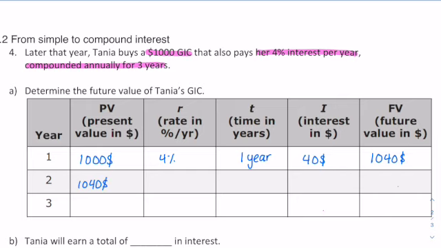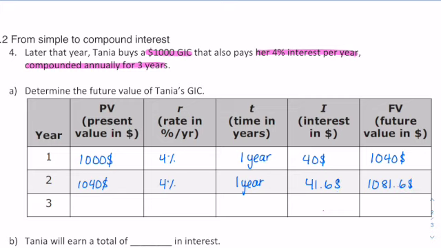Now her 1,040, just like before, becomes her present value for year 2. Its interest rate is still 4%, and it's still just for 1 year. We calculate that and we get 41.6. And that brings us to $1,081.60.